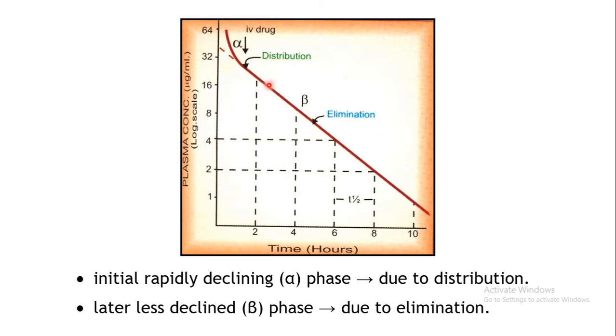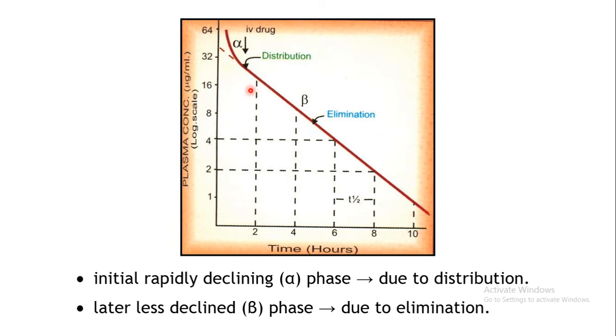And the later part has a different slope, denoted as beta. Okay, so this is less declining, if you can see. This particular slope is basically due to the elimination of your drug. So initially there will be a rapid decline, later on there will be a slow decline in the plasma concentration.